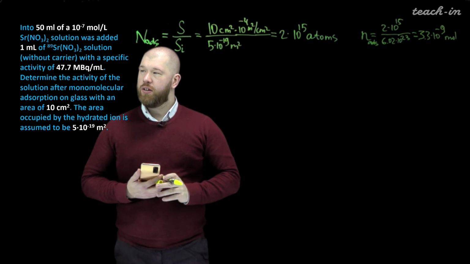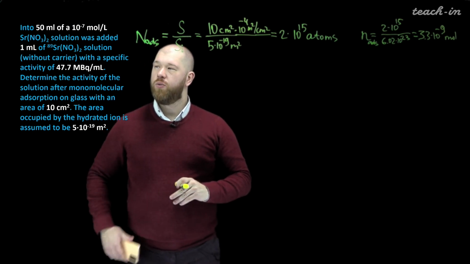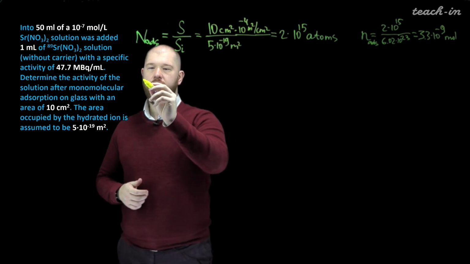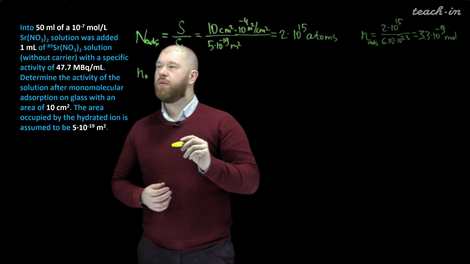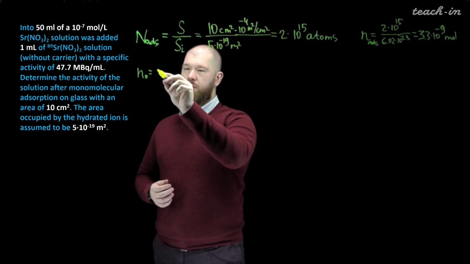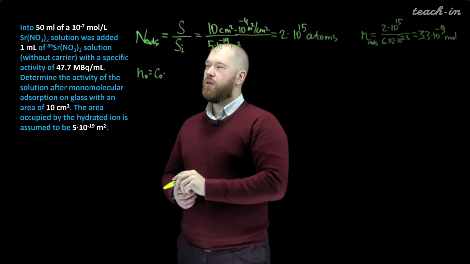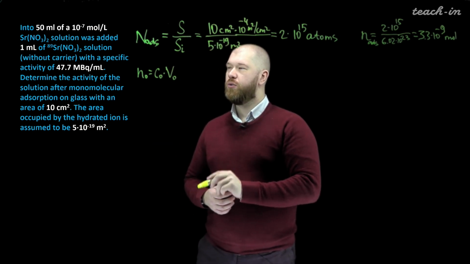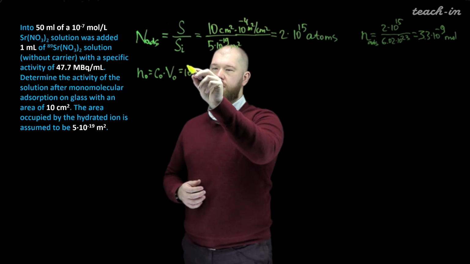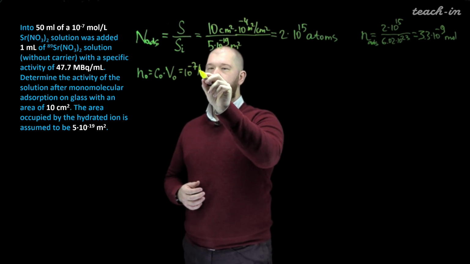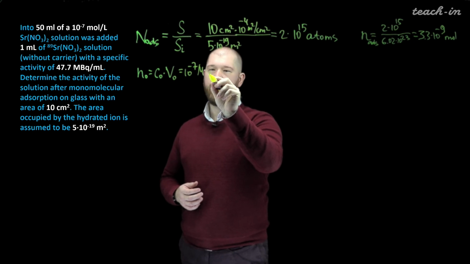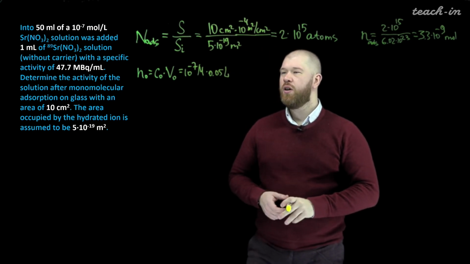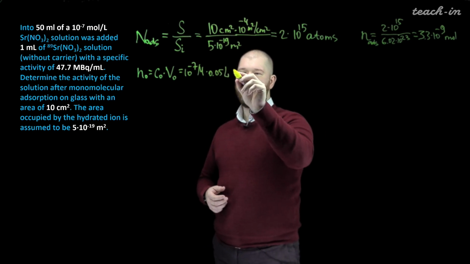Okay. And let's calculate the amount of strontium in our initial solution. So N0 will be equal to our initial concentration times the initial volume of the solution. So it is 10 to minus 7 mole per liter multiplied by 0.05 liter, so 50 milliliters is 0.05 liters.